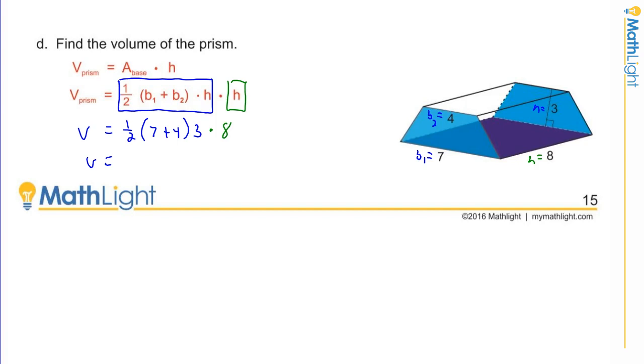All right, how about 11 times 3 times 8, divided by 2 equals 132. And do we see any units? Do you remember what to do when you don't see units? Yeah, units cubed, right? 132 cubic units.